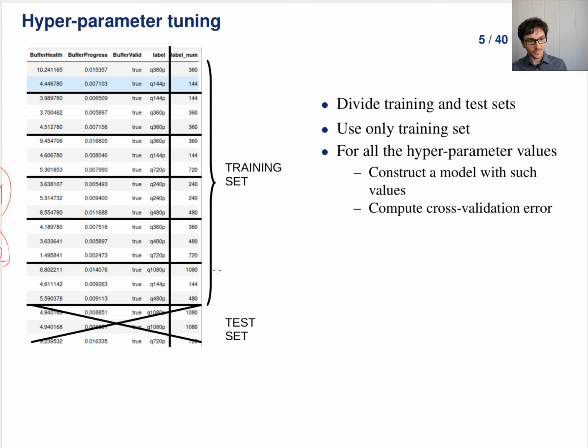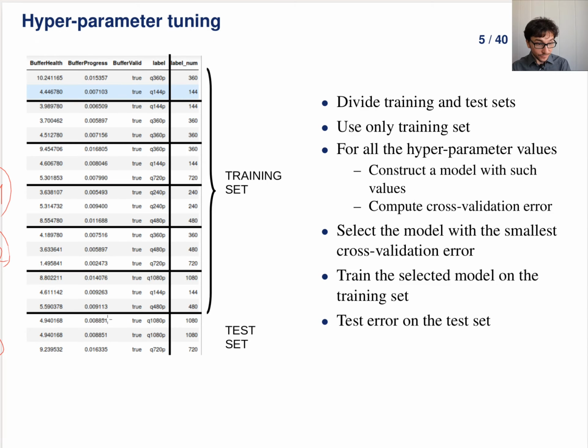Okay, and we will choose the p which gives us the smallest cross-validation error. Suppose this is p equal to 5, let's say. Then we will take this model with p equal to 5 and we will train it again on the training set, and we will test it on the test set.